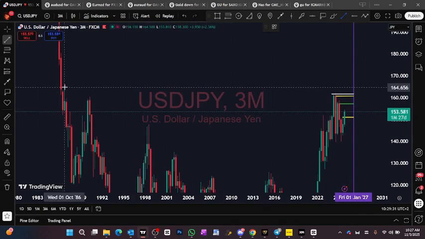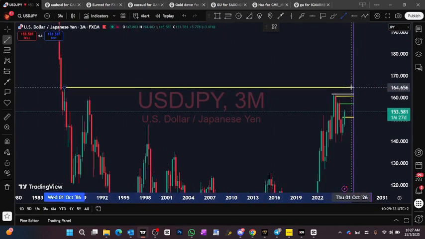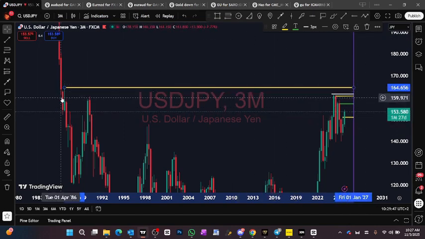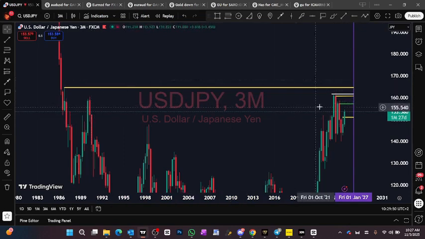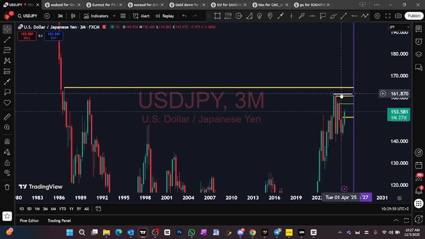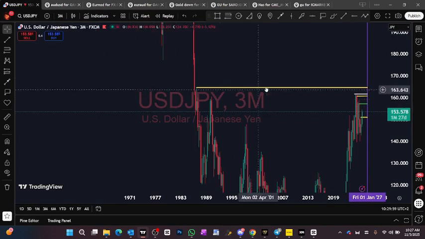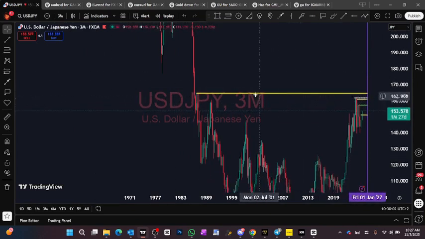So this top right here, you might take it as well, after price breaks down this white line, it might come to this top, because as you can see over here, there's another fair value gap.